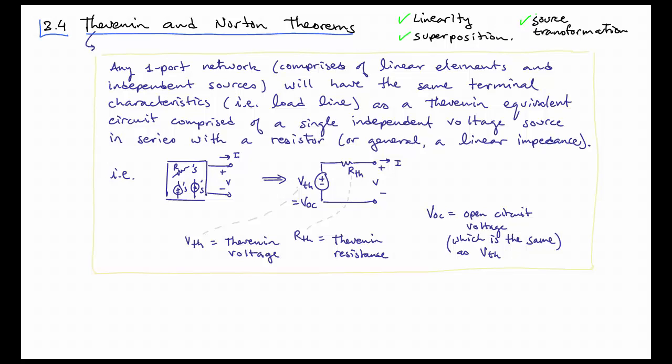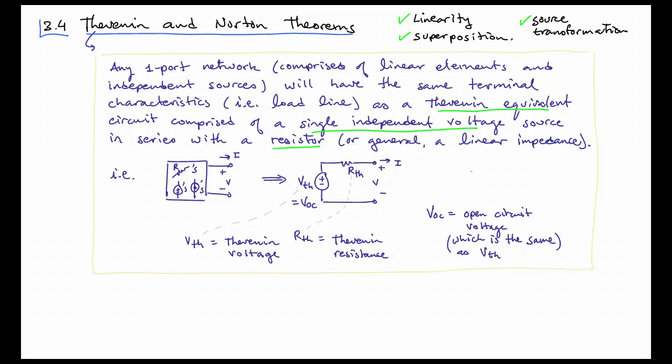It will have the same terminal characteristics as an equivalent circuit, which we'll call the Thevenin equivalent circuit, comprised of just two elements, a single independent voltage source in series with a single resistor, or in general some linear impedance, which would be a combination of resistors, capacitors, and inductors.